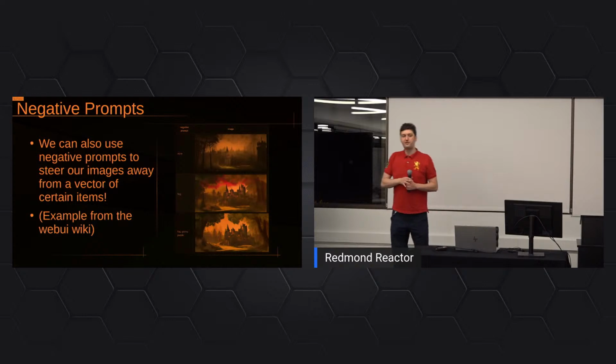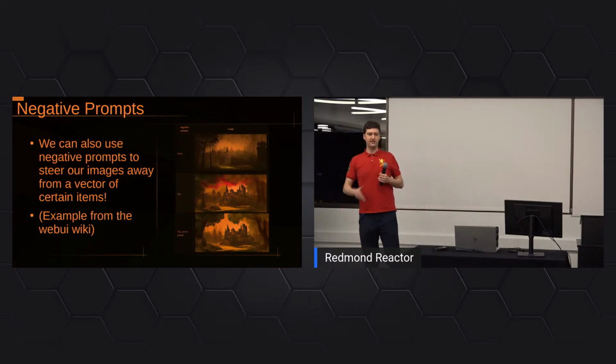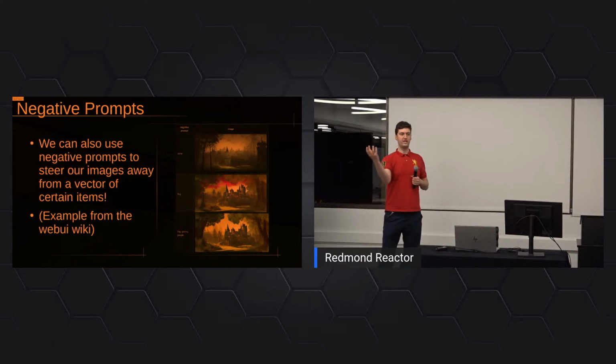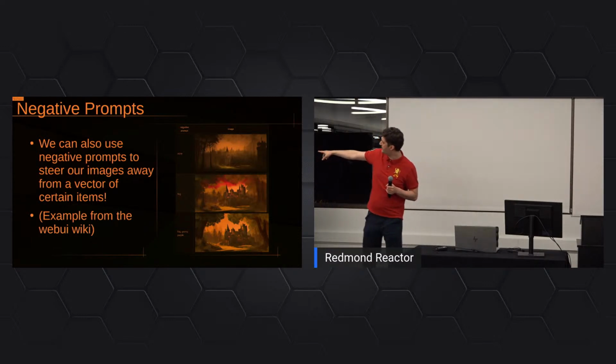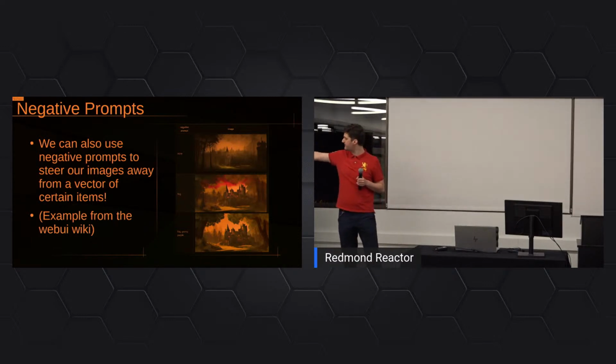So negative prompts are another really interesting thing. Since the language that we're inputting is a vector, we can also use that to steer it away from other vectors. So we can steer the conditioned results to be as far away from a certain vector while still being close to another vector that we have selected. This is an example from the WebUI wiki.